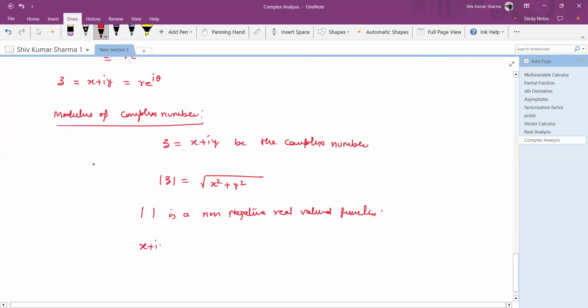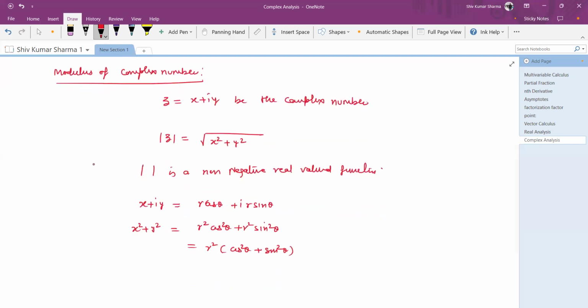Now we write x plus iota y is equal to r cos theta plus iota r sin theta. So when we take the square of the real part and imaginary part, x square plus y square is equal to r square cos square theta plus r square sin square theta. So this we can write as r square times cos square theta plus sin square theta, which is equal to r square.